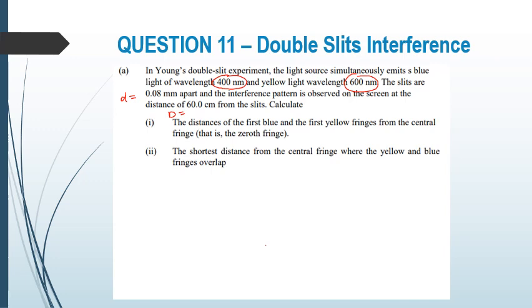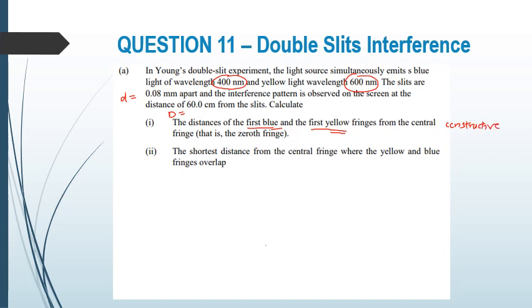Next, we are going to determine whether our interference is a constructive or a destructive interference. If you look at question 1, it tells you the first blue and first yellow fringes are formed. So you can see color. You can see blue, you can see yellow. Whenever you can see color, we say this is constructive interference.